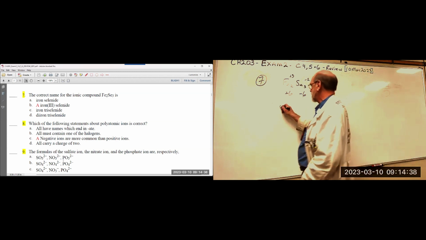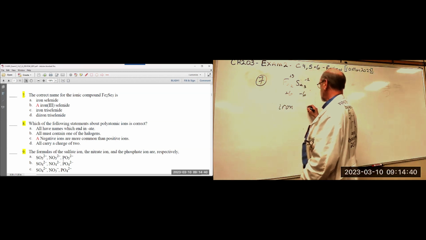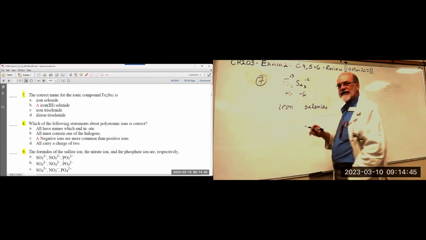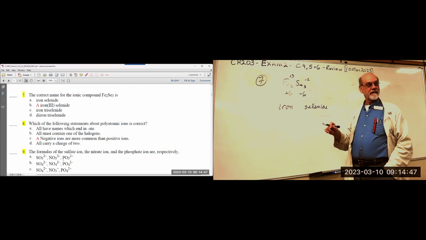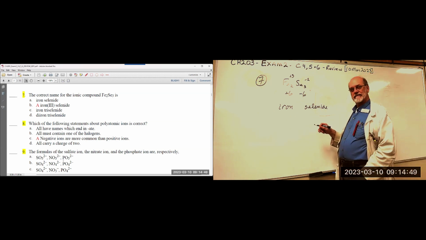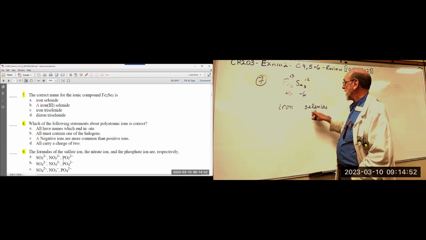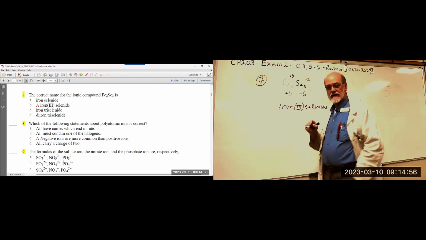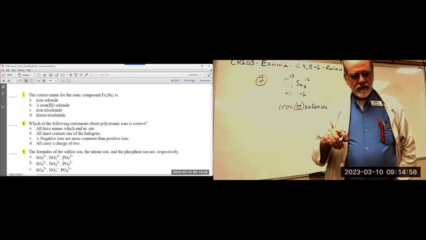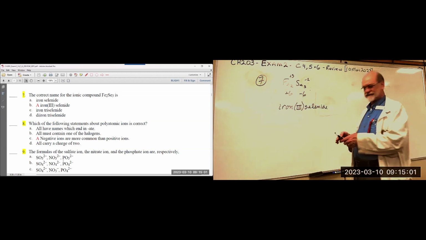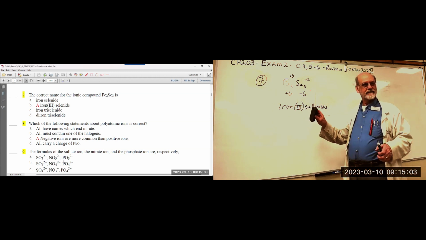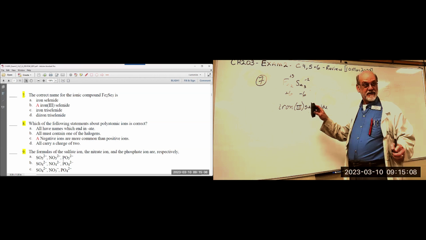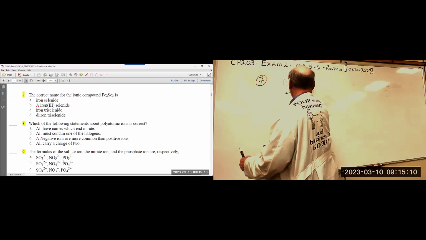So now we name it: iron, and then selenium with IDE on the end, selenide, and then the charge for iron. Iron(III) selenide. It looks like B. Okay, all right. Moving on.